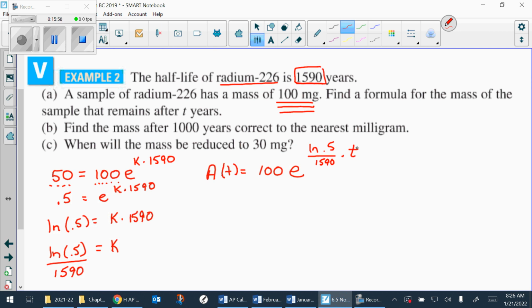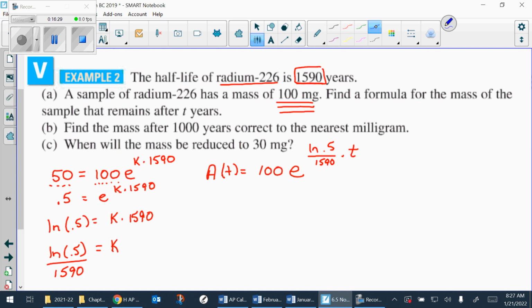Now, if you took your calculator and you found the natural log of 0.5 divided by 1590, you're going to find that that value of k is negative. When the value of k is negative, you've got a decay situation. The amount that you start with is going to get smaller and smaller and smaller. If the value of k is positive, you've got an exponential growth situation. The amount's going to get larger and larger and larger.